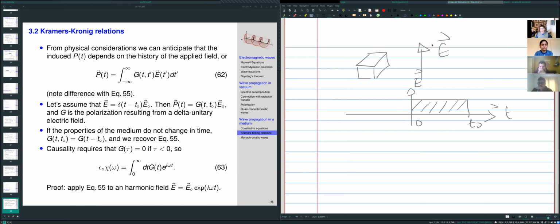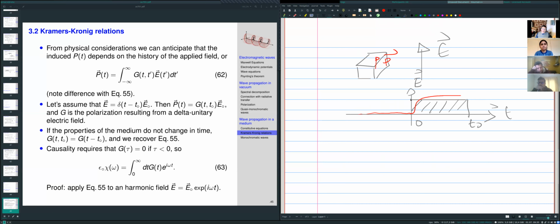In the medium, we have some polarization induced by this applied electric field. The polarization is going to be 0 here, and then we have this applied electric field, and the medium will respond to it.